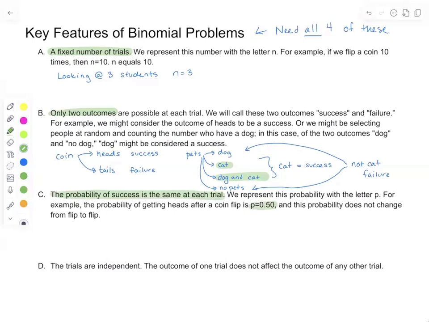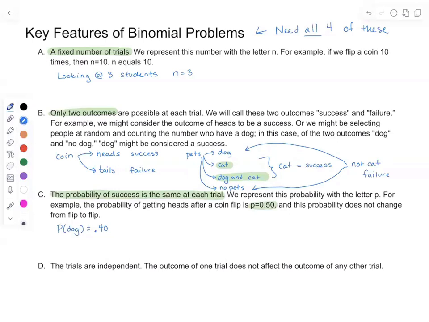Every time you flip that coin, you're going to have a 50% probability of getting heads. If I think about the first problem that I did, what's the probability that someone has a dog, if that's successful? That was 40%, right? 0.4 for the probability. And that's not changing as I go from student to student. So if the probability does change in the middle of my trials, we can't use the binomial model.